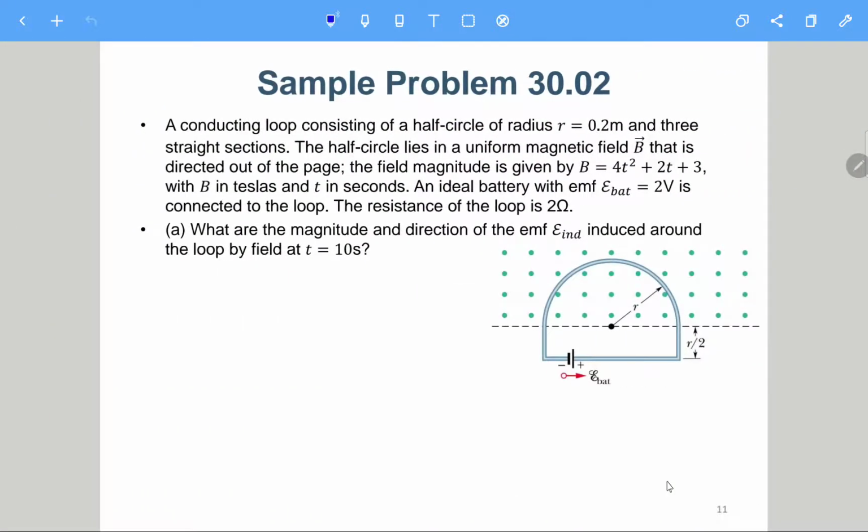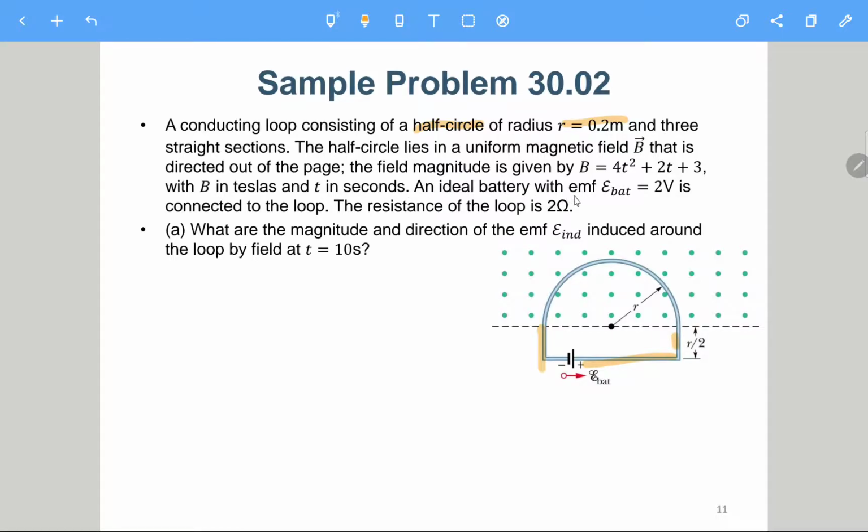Okay, so let's see a sample problem. A conducting loop consists of a half circle of radius r and three straight sections. The half circle lies in a uniform magnetic field that is directed out of the page. The field magnitude is given by this expression, with B in Tesla and t in seconds.